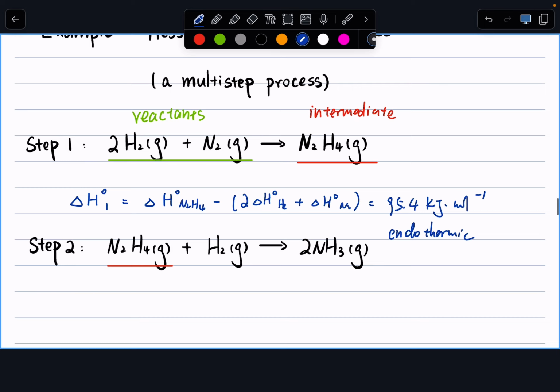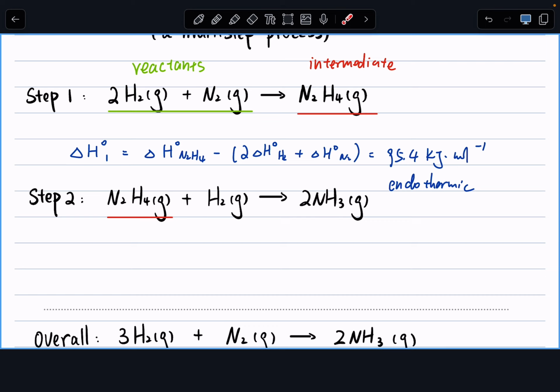For the next step, we start from this intermediate N2H4 reacting with H2. Again, that's our reactant, and we finally get our product, which is ammonia.